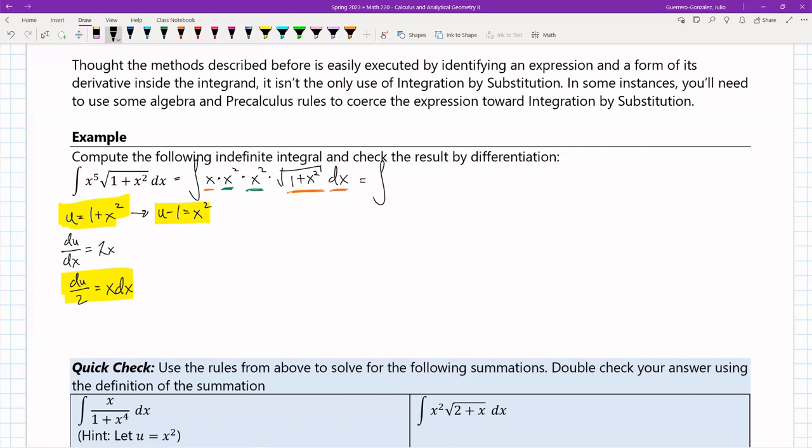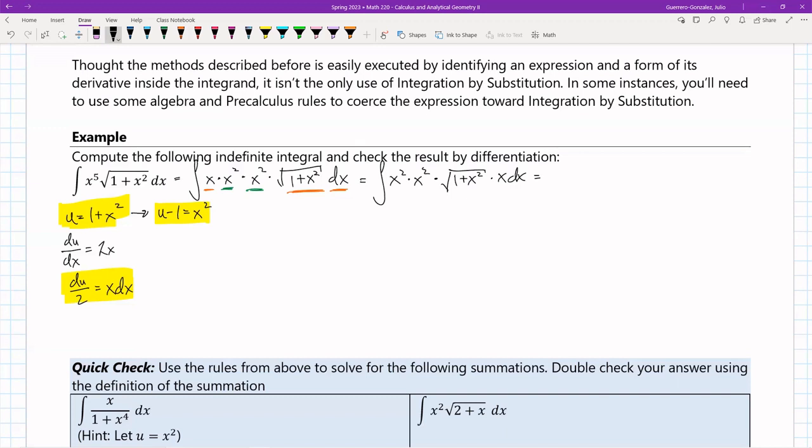I'm going to start doing the substitution here. Integral. I'm going to rearrange this one more time. I'm going to leave the x squares up front, but I'm going to grab the x from up front and throw it in the back. So it's going to be x squared times x squared times the square root of 1 plus x squared times x dx. And now I'm going to perform all these substitutions.